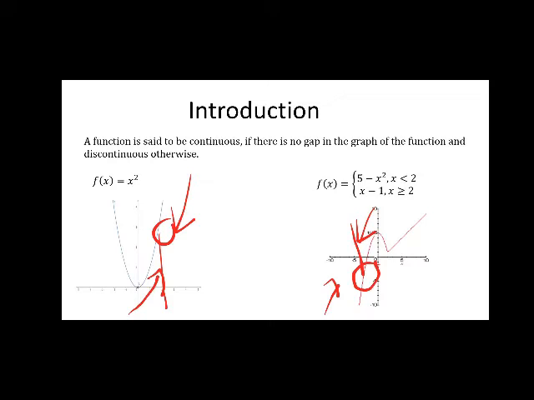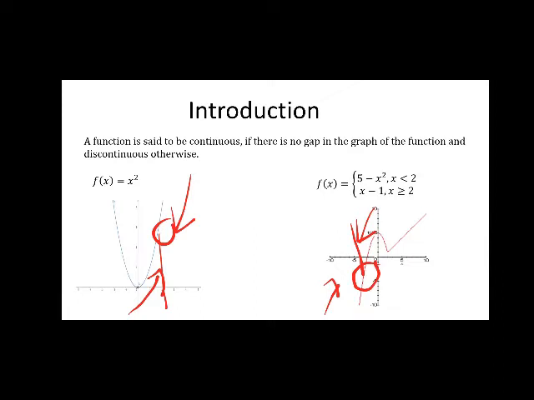Now the only point which is going to be crucial is the branching point, because you see the graph comes from one side to the branching point and then goes the other side. So at the branching point we need to see whether the left hand side is approaching towards a particular value, and also the right hand side.